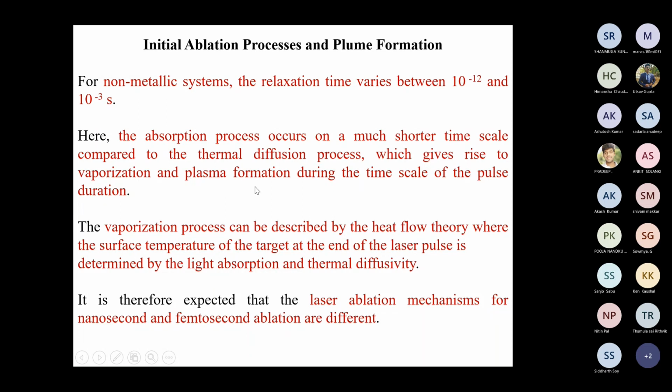That means target heating will be less, whereas the immediate ablation will be very fast.